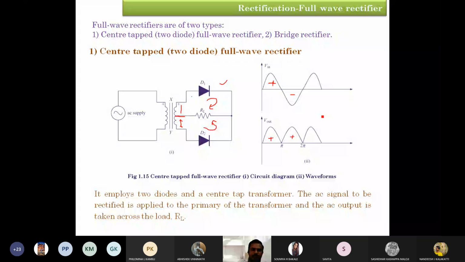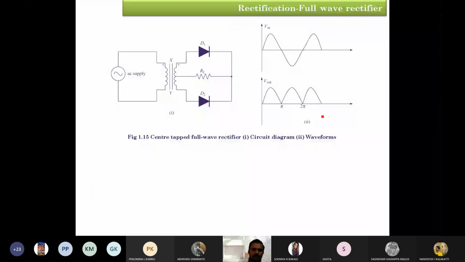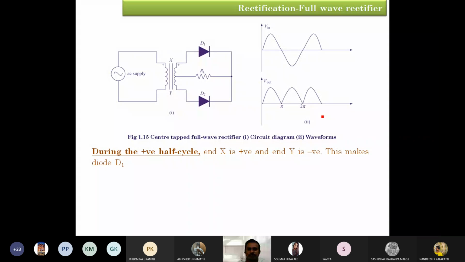Now, the working of this circuitry. During the positive half cycle, end X has positive polarity and end Y has negative polarity.